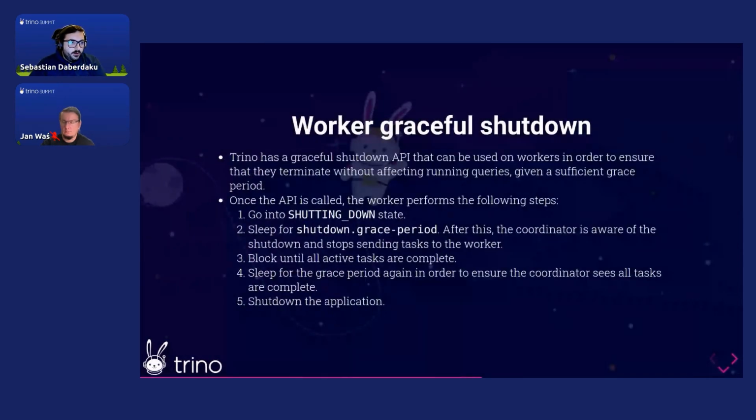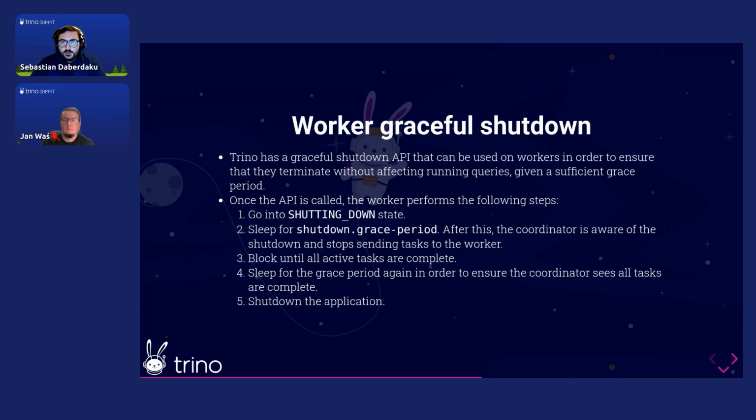Now to the worker graceful shutdown feature. The worker graceful shutdown is a really interesting feature that allows the Trino coordinator to know when a Trino worker is about to be turned off. And so it can basically stop sending it tasks and queries to perform.